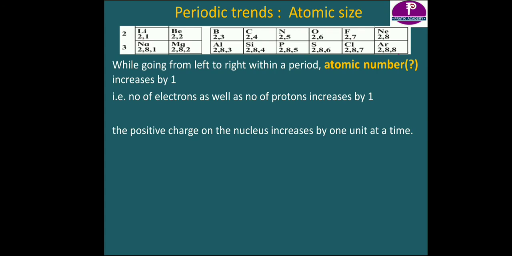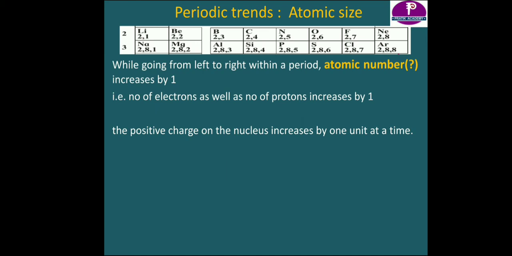As the number of valence electrons increases, at the same time the number of protons in the nucleus of the atom also increases, because we know that as an atom is electrically neutral, the number of protons is equal to the number of electrons. As electrons increase in the outermost shell, in the same way the protons in the nucleus also increase one by one.